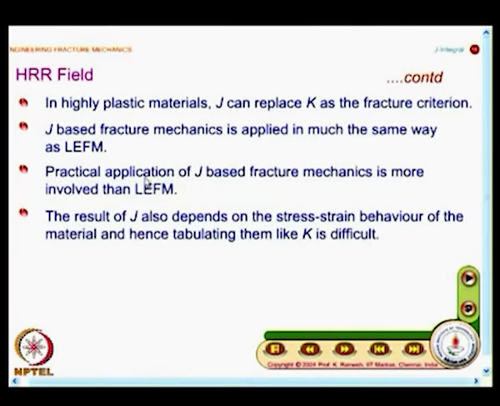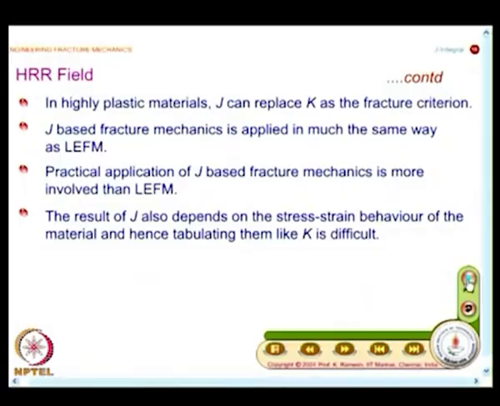And you will have to look at that practical application of J based fracture mechanics is more involved than LEFM. The difficulty here is the result of J also depends on the stress strain behavior of the material, and hence tabulating them like K is difficult.